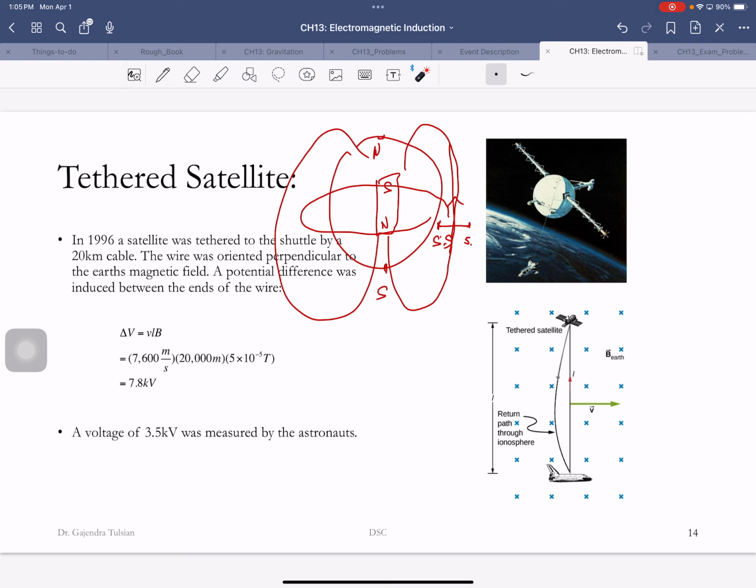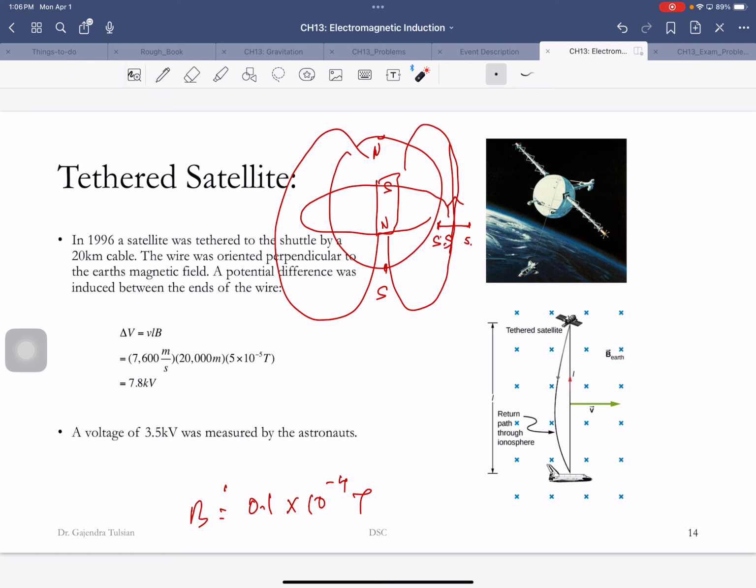This wire was 20 kilometers long. The Earth's magnetic field is, I don't know at that height, let's say about 0.1 times 10 to the minus 4 Tesla. Oh, there you go, 5 times 10 to the minus 5 Tesla. And the shuttle was moving at 8 kilometers a second.